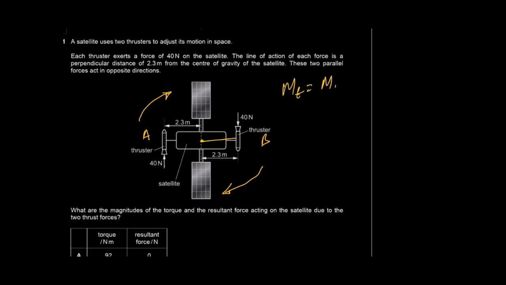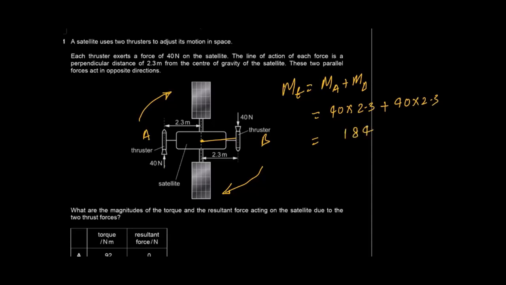So the total moment is equal to moment of A plus moment of B. So this will become 40 into 2.3 plus 40 into 2.3.